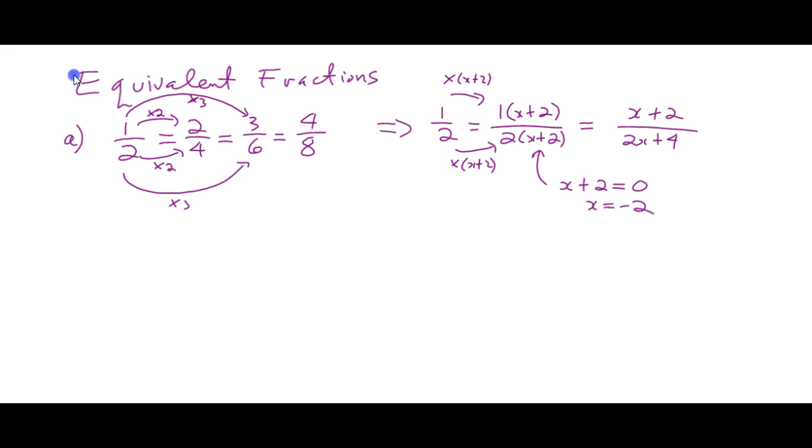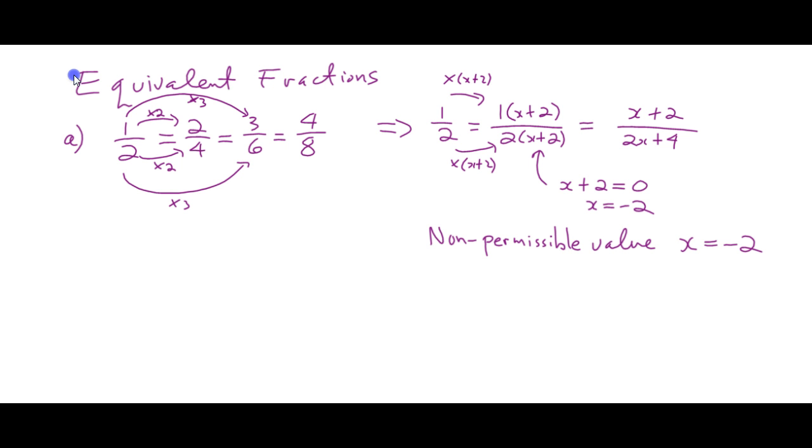And that is the non-permissible value, or restriction. So we call them restrictions. Written this way, non-permissible value: x equals negative 2. If x is negative 2, that's not permitted.